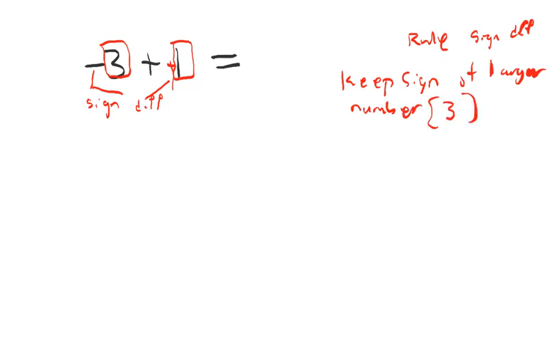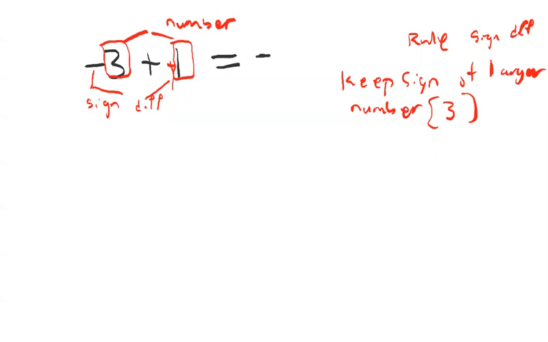We're just talking about the number, not the sign. Definitely -3 is less than 1, but now we're talking about just the numbers. So what's the sign of that larger number? The sign of the larger number is negative. That's the one we're keeping.